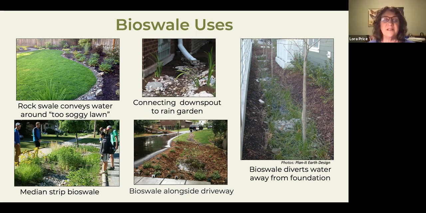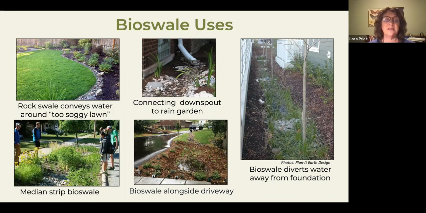The upper left is a project I worked on with a fellow designer. This yard has other yards around it that are higher, and there's a lot of underground seeps in this particular neighborhood. The lawn was always squishy and wet.